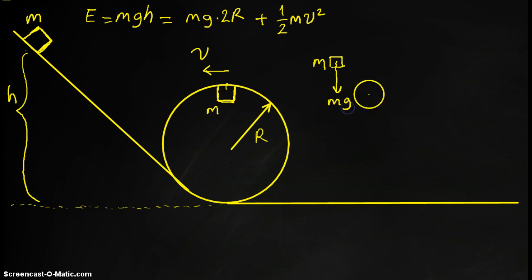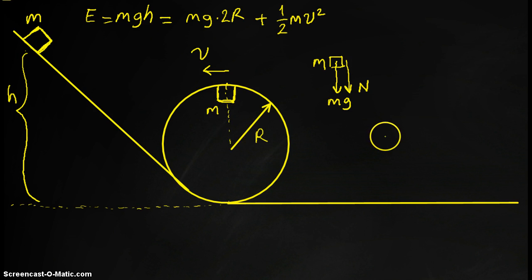It is the weight of the object, and also on the object we have the normal force N, which is again downward, right? And these are all the forces acting on the object, and at this point we can now write down Newton's second law in the radial direction.